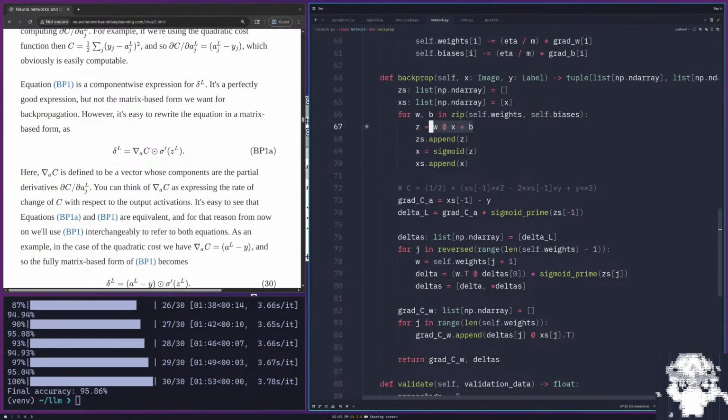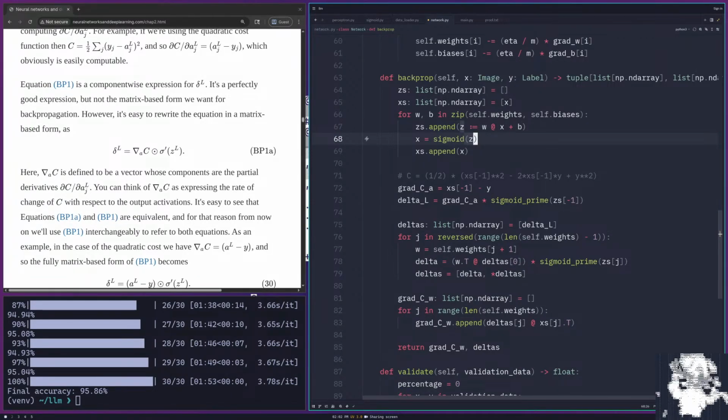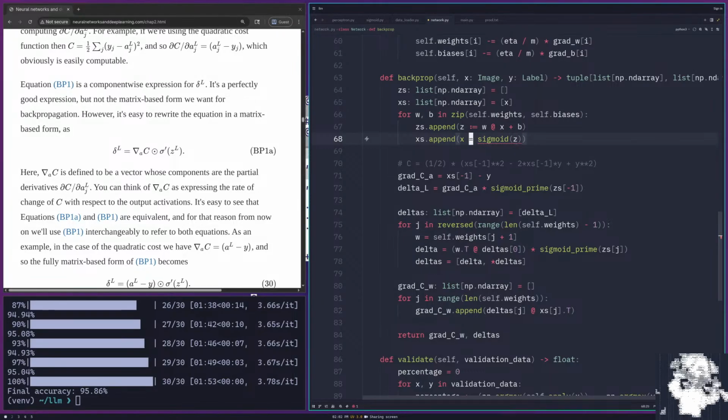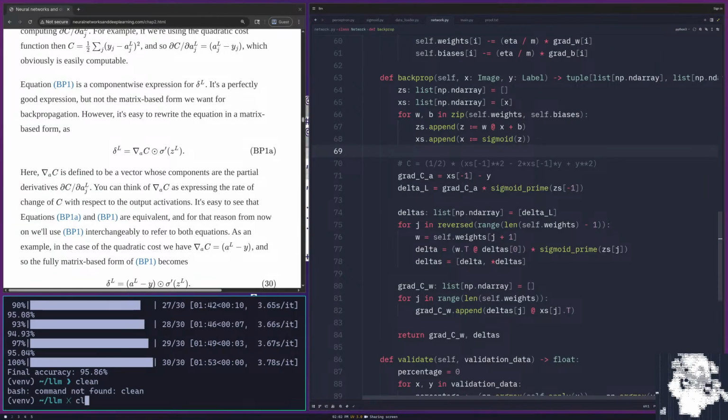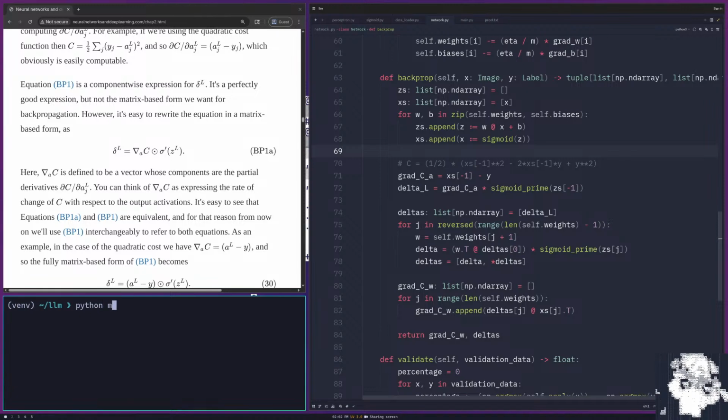Something I wanted to do that is really not necessary is this thing here, just to save 2 lines. I actually wonder if that works.